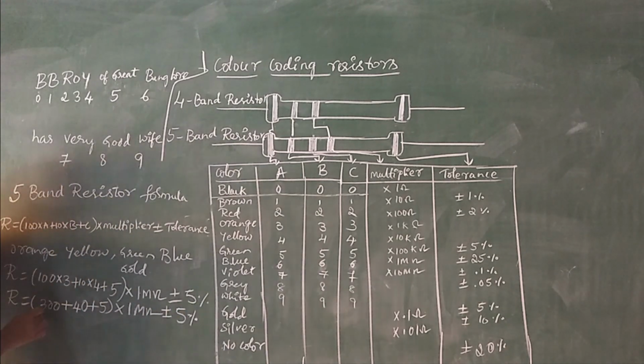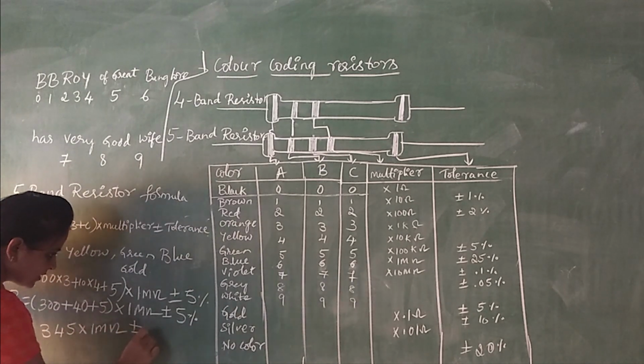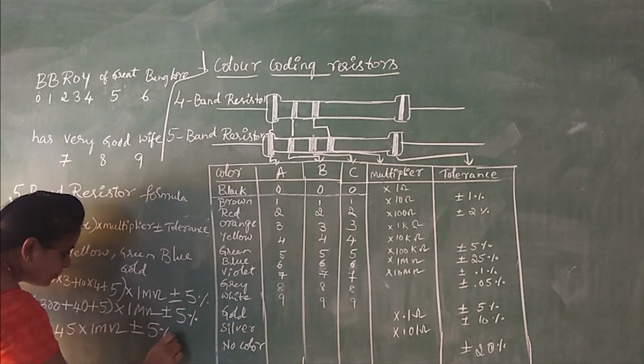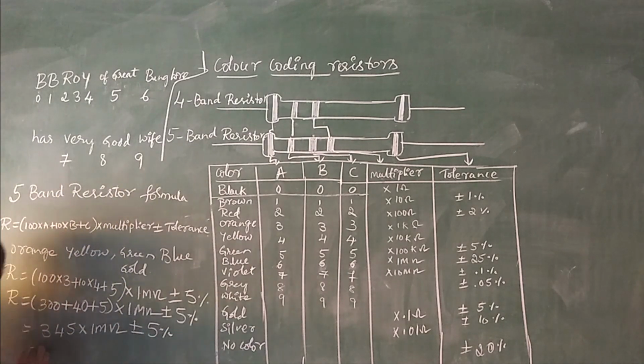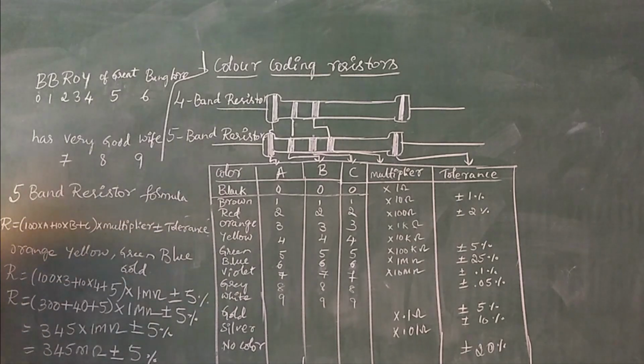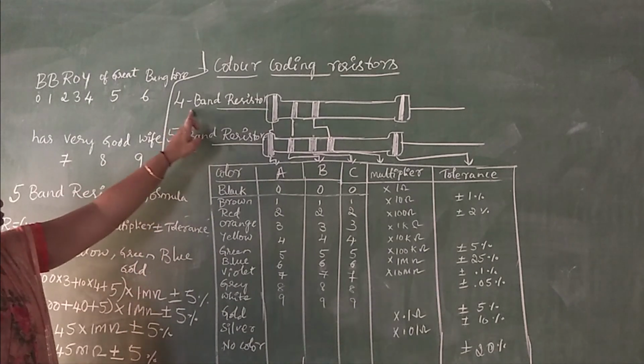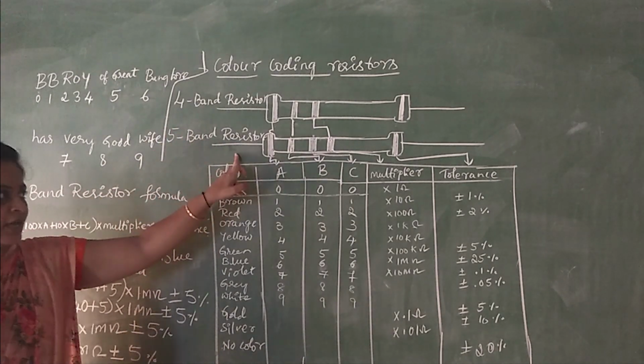So add these three, you will get 345 into 1 mega ohm, plus or minus 5%. Finally, we write 345 mega ohm plus or minus 5%. So this is how we determine the value of a 4-band resistor as well as a 5-band resistor.